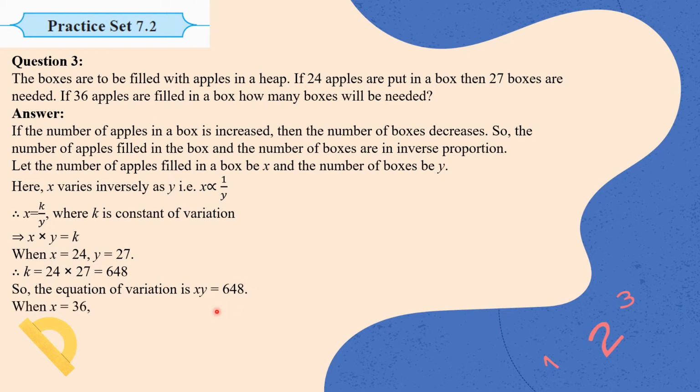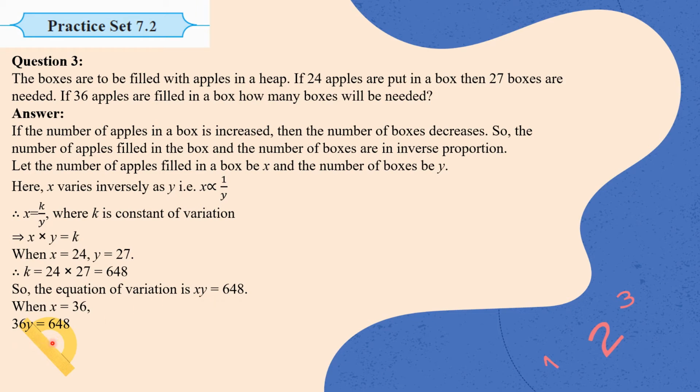Now in the question they have said, if you want to fill 36 apples in one box, then how many boxes will be needed? So when x is 36, we need to find the value of y. So substitute the value of 36 in your equation of variation. So we have 36y is equal to 648.